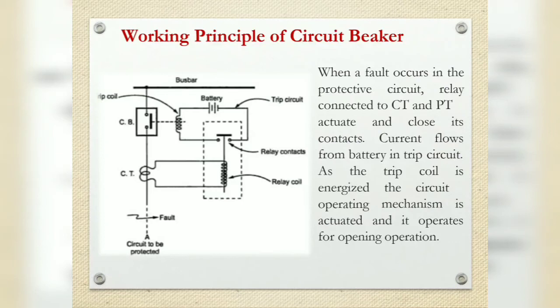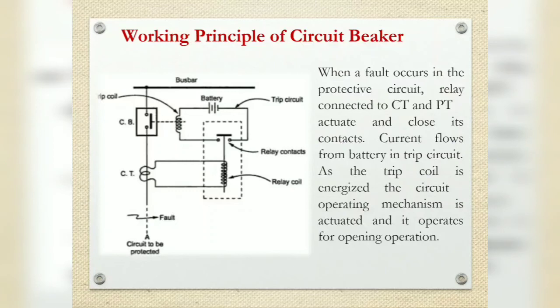The trip circuit is a part of the circuit breaker which reacts to the action of the relay coil during fault conditions such as thermal overload, short circuit, or ground fault. The trip circuit includes a battery, a trip coil, and relay contacts, and it reacts according to the relay coil or relay contacts.